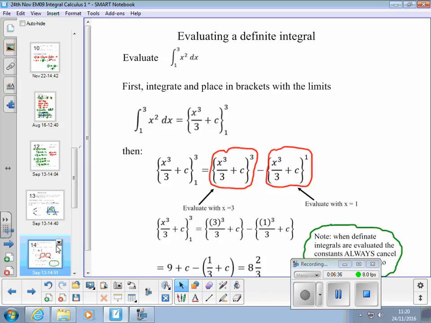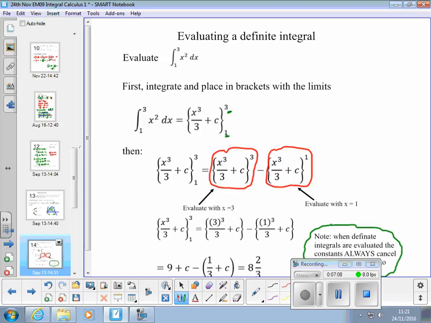Okay, so we integrate it, put the result into some brackets, and put the limits on the outside, like I've done there and there. So you're all capable of integrating x squared. We add 1 to the index and divide by it. So we've got x cubed over 3, and a constant of integration.